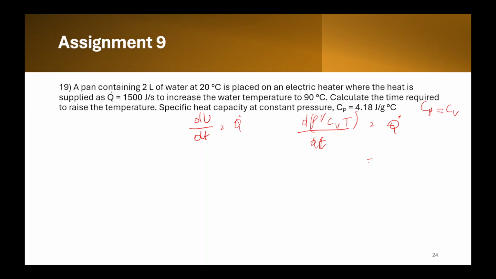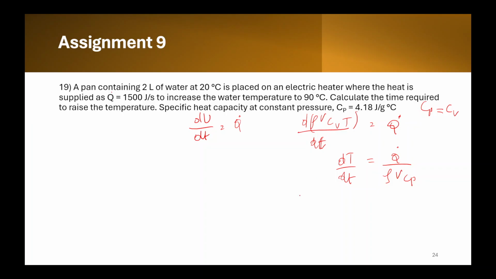So if we take the constants out, and T is changing with time so we keep it inside, dT by dt is equal to Q dot by rho V Cp.